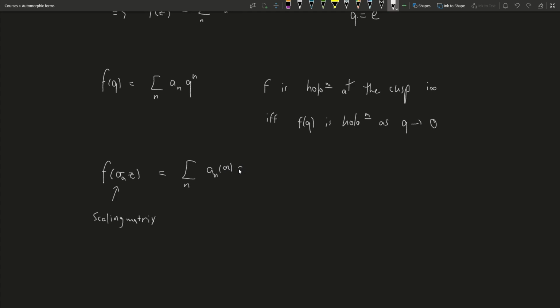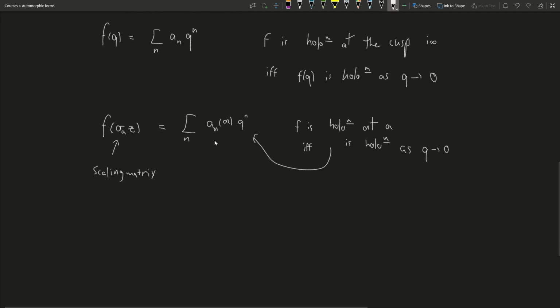And then again, when we change variables, we're going to have a q to the n here. And we can say the same thing, that f is holomorphic at the cusp a if and only if this thing is holomorphic as q goes to 0.